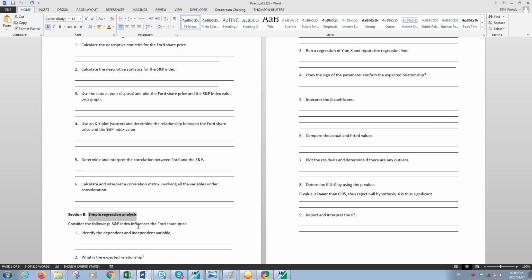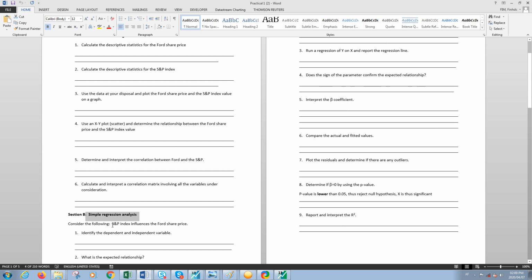So you've got one variable that explains the other. There's always only one dependent variable, but you can, in a multiple regression case, have an endless amount of explanatory variables or independent variables. But in this case, we are only looking at the simple variable case for now.